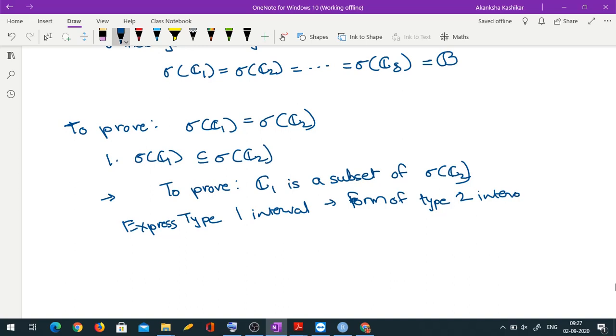So type 2 is closed, type 1 is open. Okay. So we know open (a,b) can be written as the union over n of closed [a plus 1 by n, b minus 1 by n]. We proved it just now.